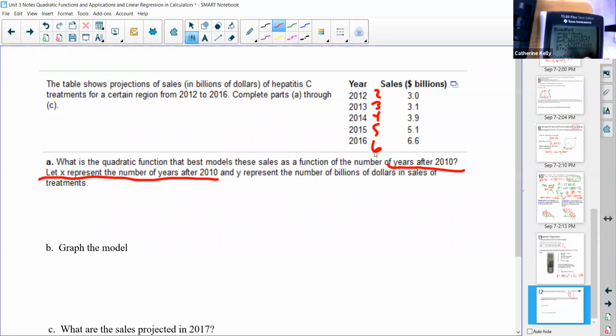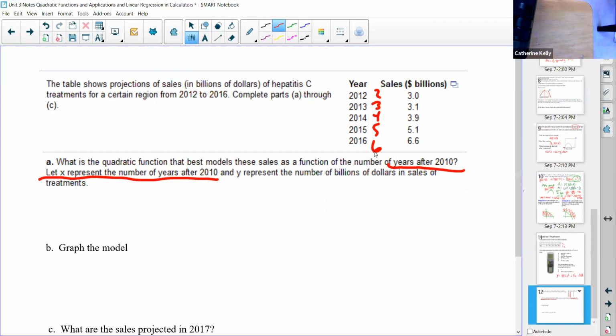comma I want it to go into my y1, and there it is. So if I go to y1, oops, I go to y1, there it is.